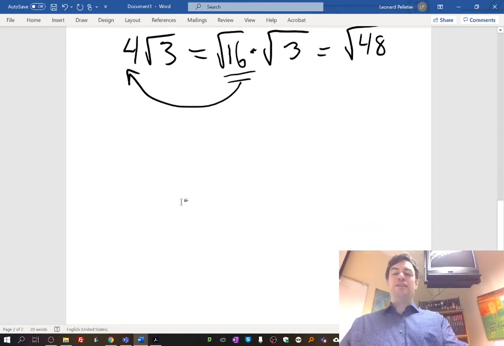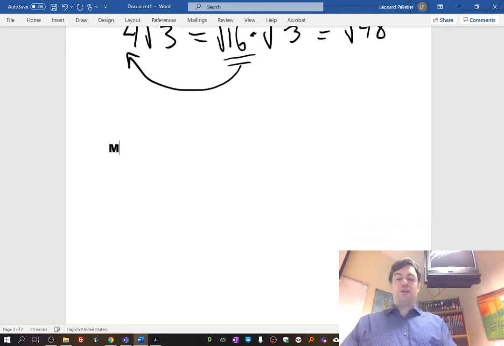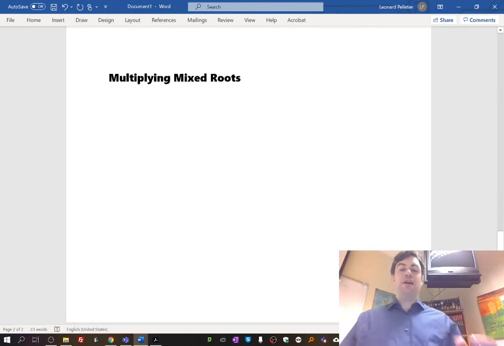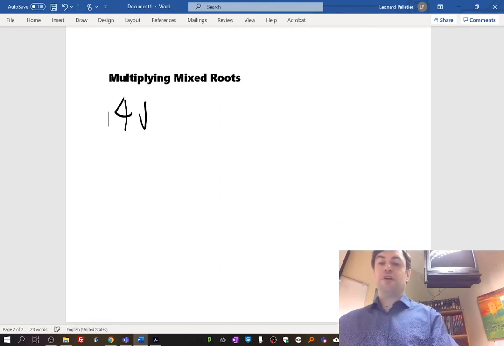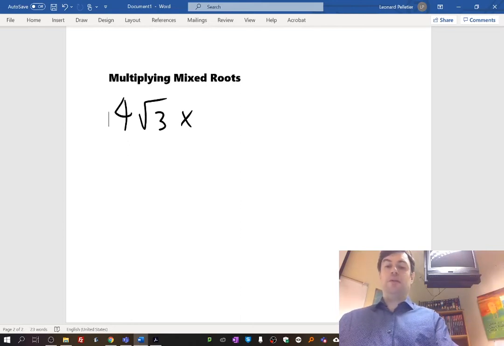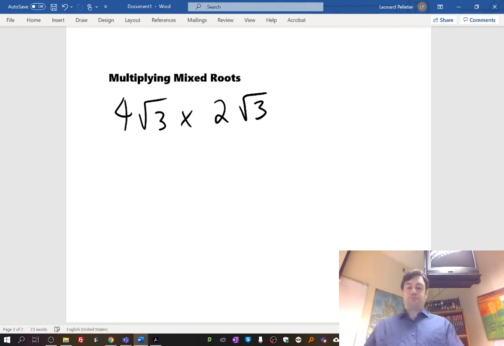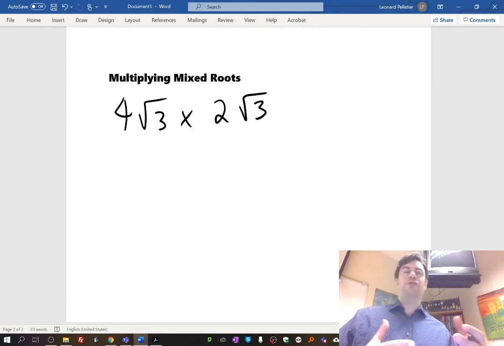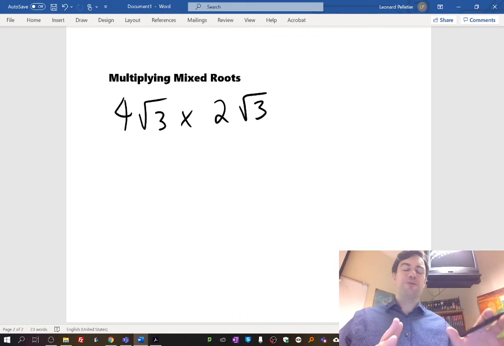Okay, so one last topic I wanted to talk about is multiplying mixed roots. If you have something like 4 square root 3 times 2 square root 3, all you have to do is multiply the integer part with the integers and the roots with the roots.